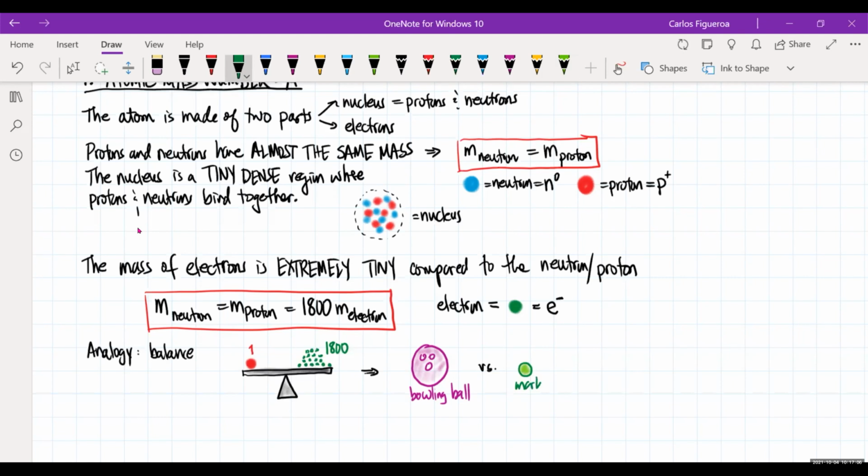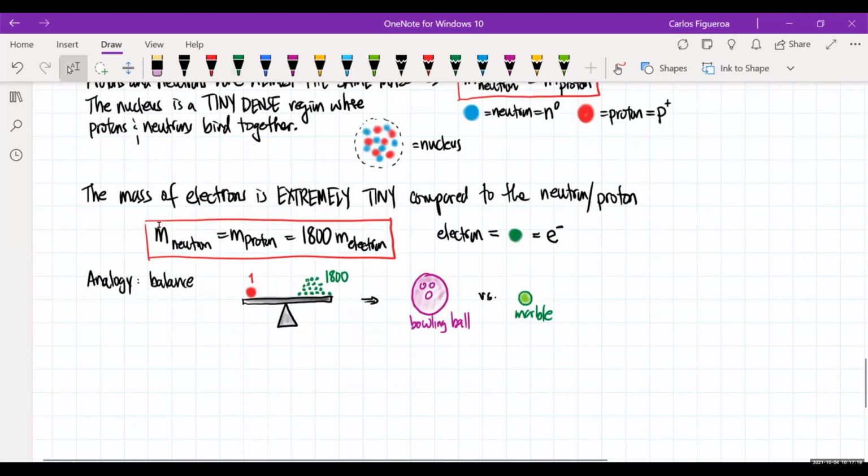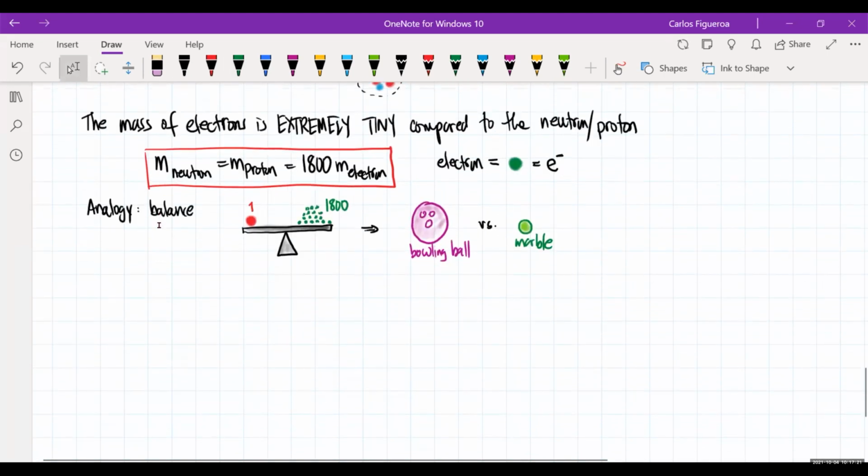So that's a good comparison. If I compare the mass of a marble to a bowling ball, of course we're going to ignore the mass of the marble because it's so tiny.